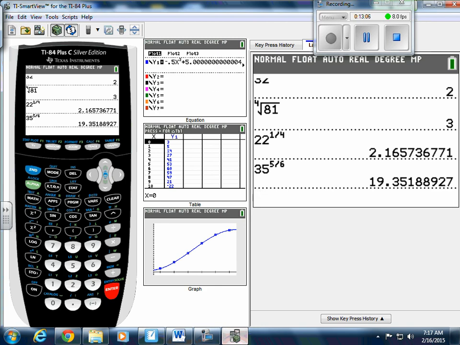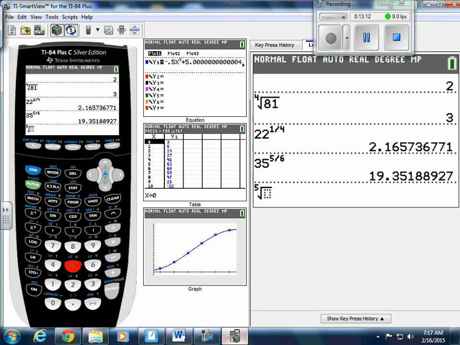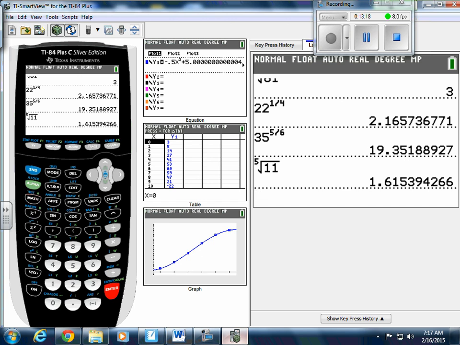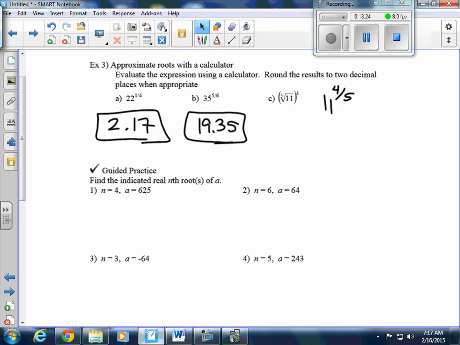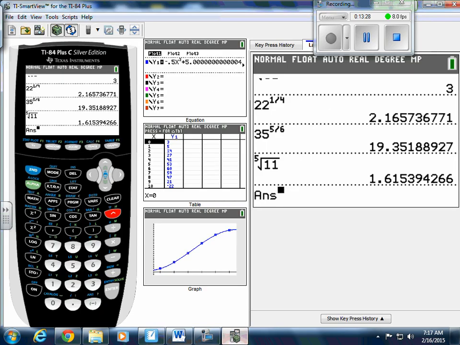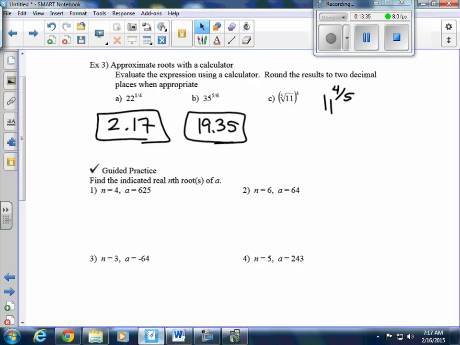So we go to the 5th root of 11, and I could hit enter there and then raise it to the 4th power. And we're going to get 6.81. So this is approximately 6.81.